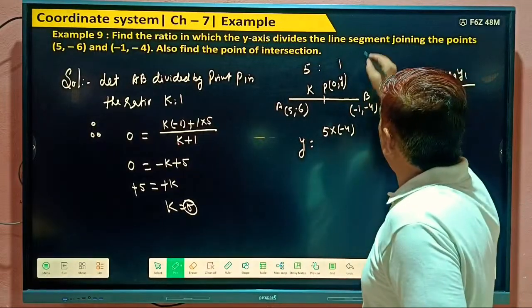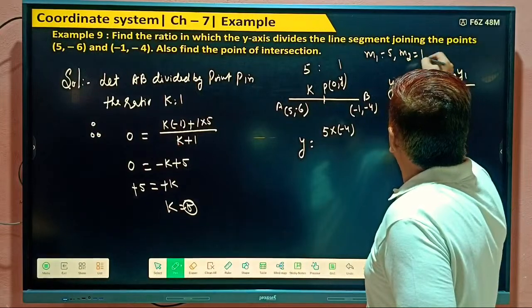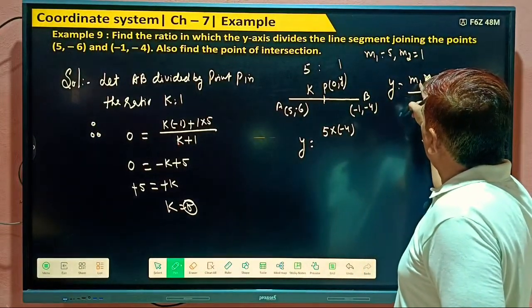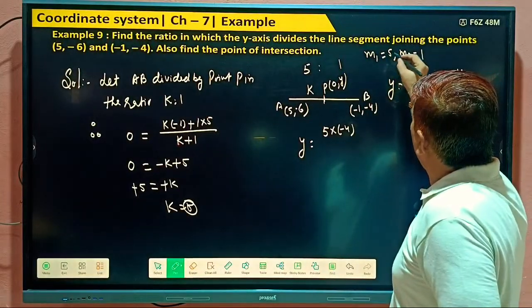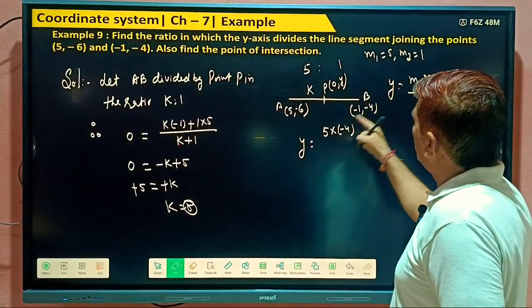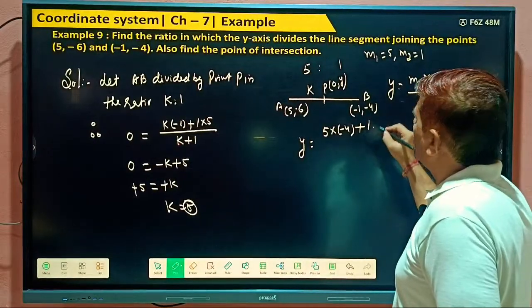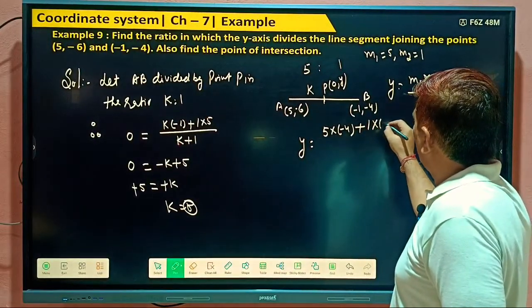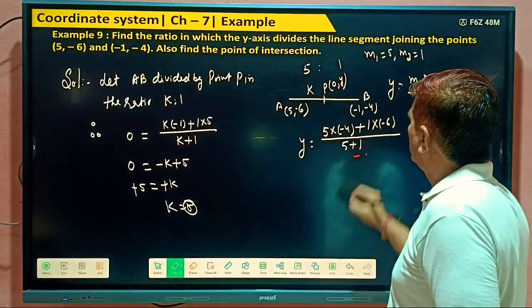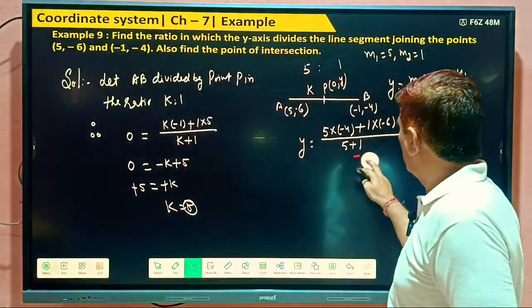Here m1 equals 5 and m2 equals 1. So m1 equals 5, y2 is minus 4, plus m2 1 into minus 6, by 5 plus 1.